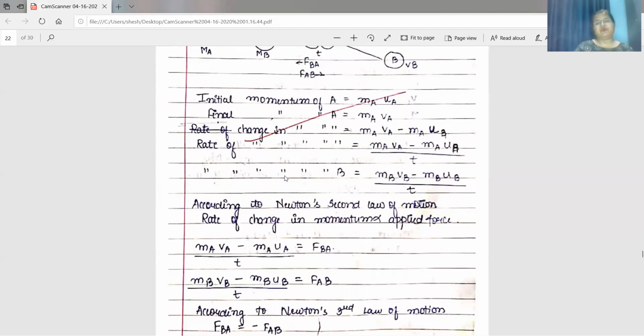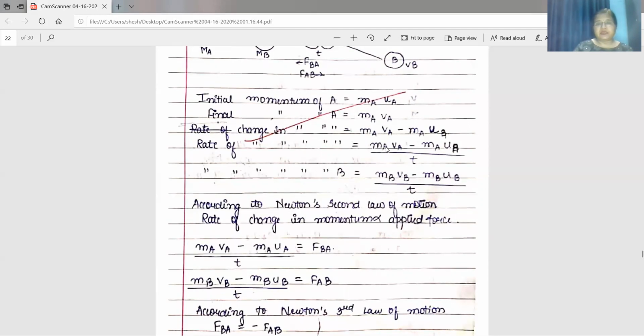Similarly, the rate of change of momentum of body B is, in place of A, you write B. So (mB vB minus mB uB) by t. According to Newton's second law of motion, rate of change in momentum is directly proportional to the applied force, and the change takes place in the direction of applied force.